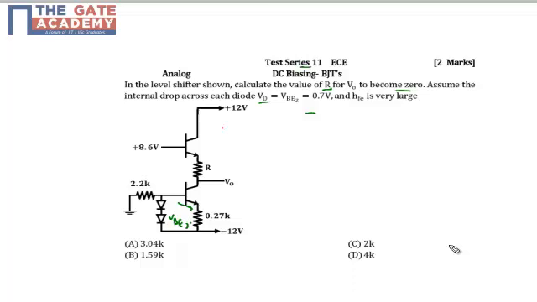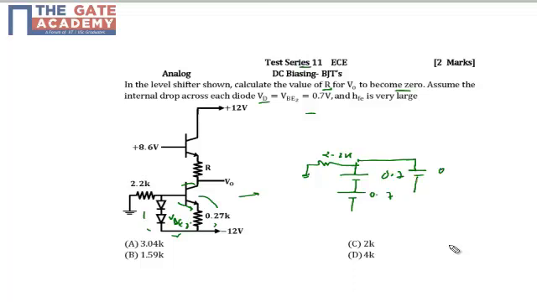So if the diode potential is given as 0.7, I can redraw this part of the circuit, because each diode is going to act like a 0.7 volt battery. So I can redraw it as 0.7 and 0.7, then the 2.2k resistor, and I know that base-to-emitter is again 0.7 because the base is positive.